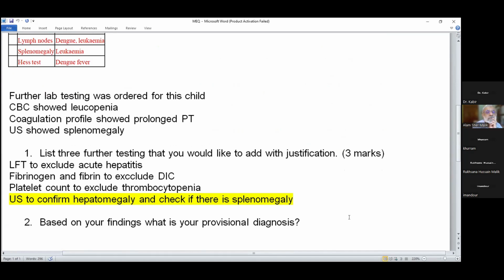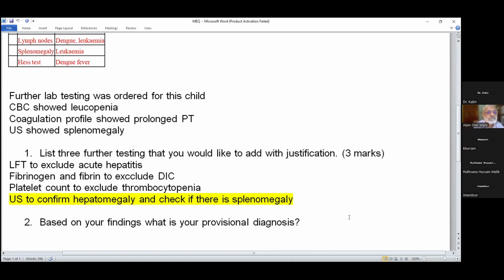The first question, I would have formulated another question, which was list causes of hepatomegaly and splenomegaly. This is not what we did as a group, because the time was tight and we had flight of ideas. The question that we formulated was list 3 further testing that you would like to add with their justification.